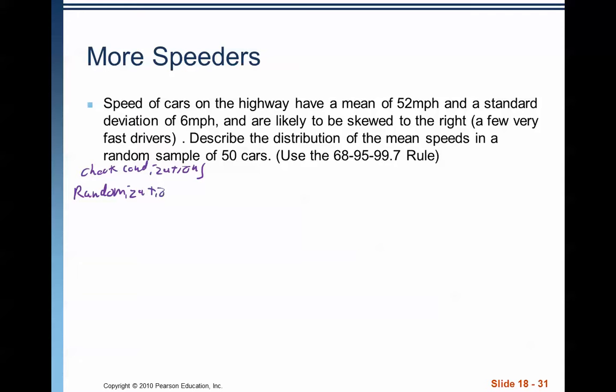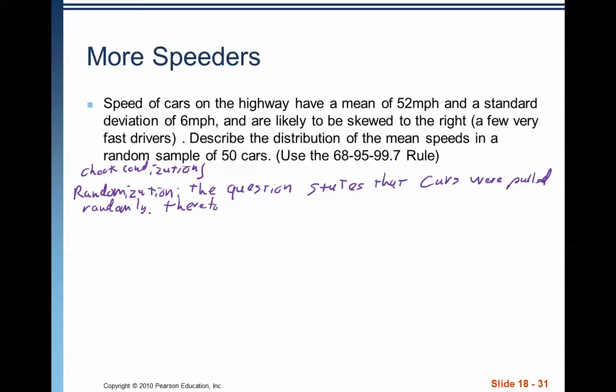Randomization. It does state that there was a random sample of 50 cars. So we say the question states that cars were pulled randomly. Therefore, this condition is met.